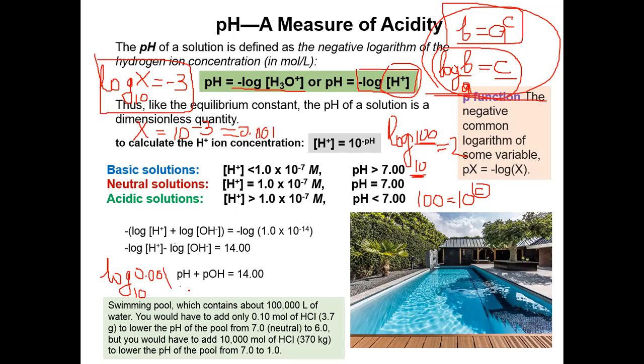We said that this is -3, right? So what's going to be the pH in this case? How do you think? 3. Yeah, exactly. It's going to be 3.